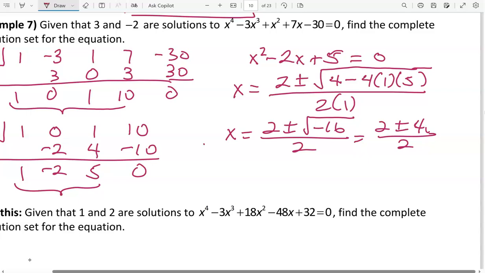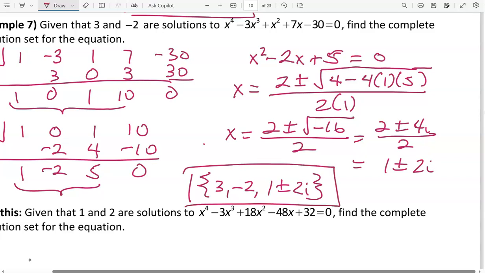If we distribute that division, we get 1 plus or minus 2i. So now we have all 4 solutions, which are 3, negative 2, 1 plus 2i, and 1 minus 2i. 2 real and 2 non-real solutions.